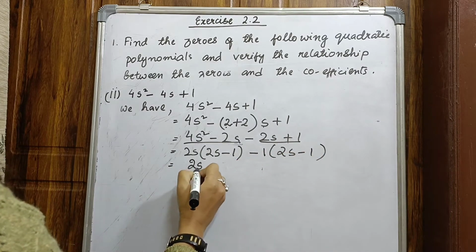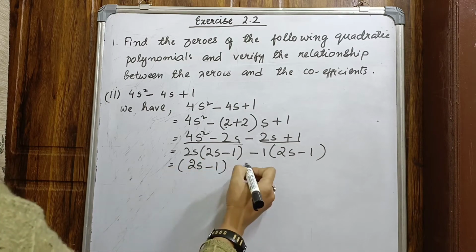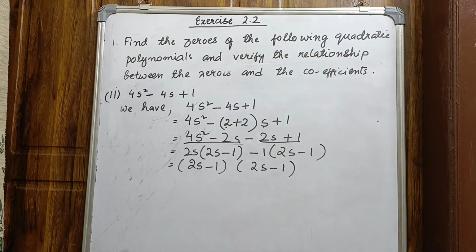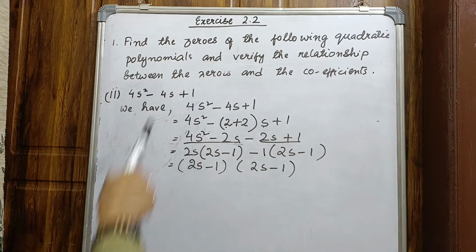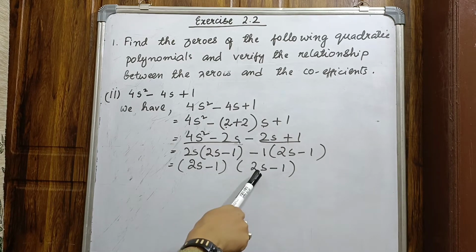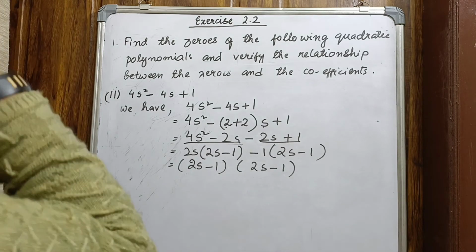So we have 2s minus 1 and 2s minus 1. This expression will be 0 if 2s minus 1 equals 0, and for the other factor also 2s minus 1 equals 0.